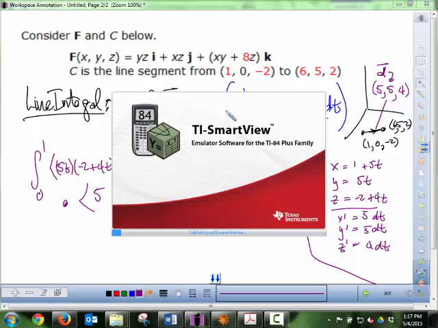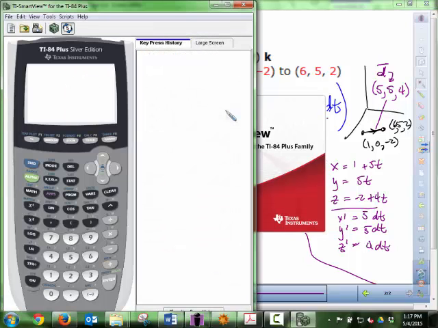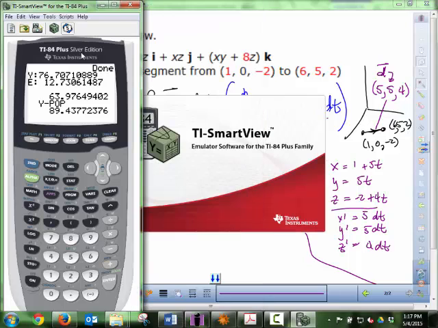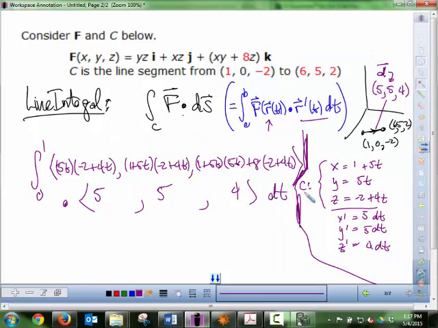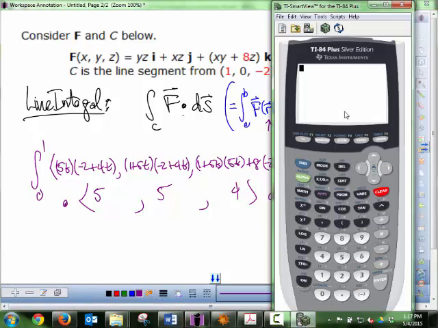Your calculator can only compute regular single integrals, it doesn't know how to deal with line integrals. You can't put in a line or a path integral. You have to take your line integral or path integral and make it look like an integral that you can integrate in Calc 2.